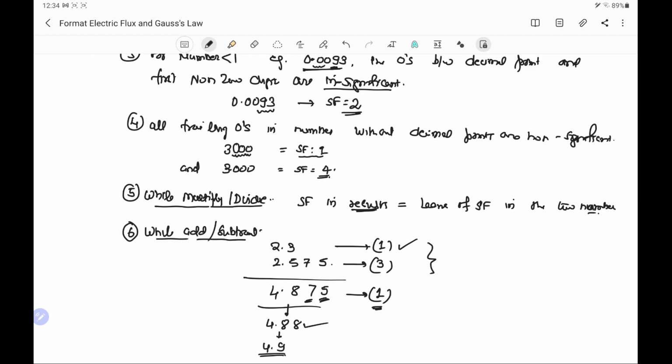Hence the addition will be 4.9, with the number of significant digits equal to the number which has fewer digits after the decimal. Now we discuss the rule for the round off.